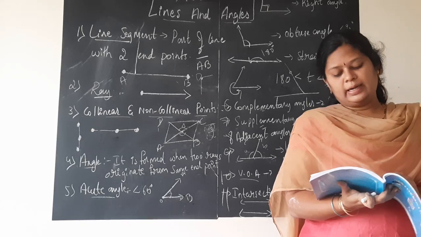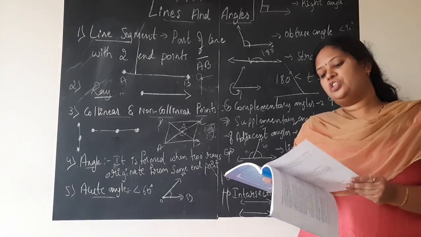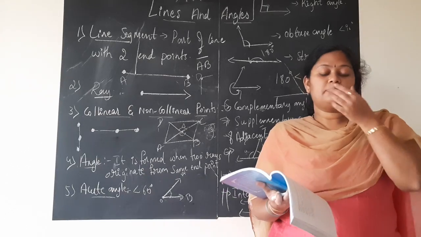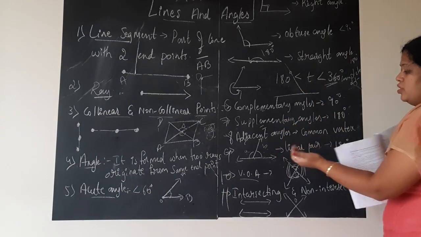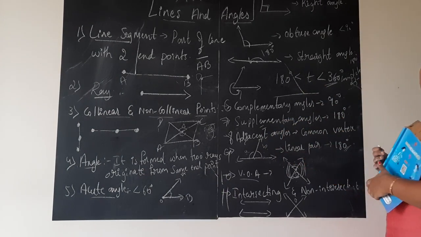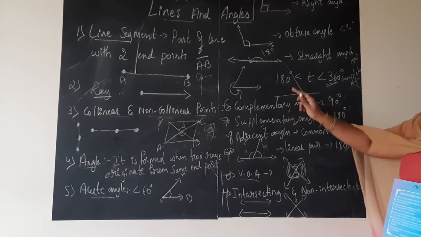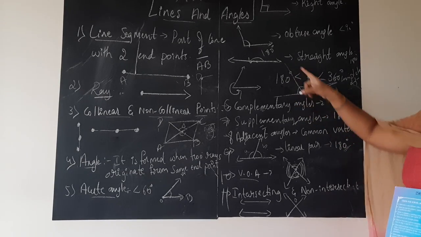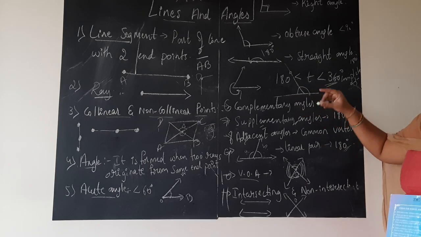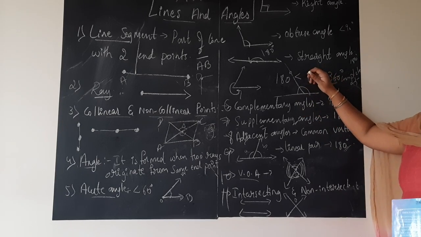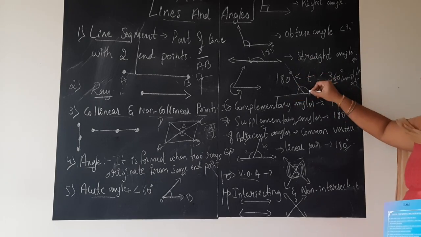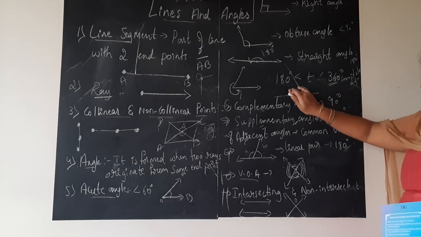After these basic definitions, next we will be studying the pair of angles. Just now I explained the linear pair. Which two angles are said to be a linear pair? If a ray stands on a line, the angles made by this ray of light on the line, I went to physics, this ray of light makes an angle on the line.